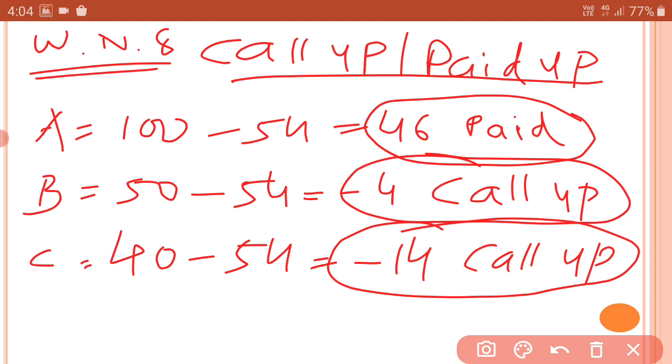And here the total 8 working notes are required, because first 3 working notes is required. So you find the call up and paid up. After you calculate all these things, you should prepare liquidator's final statement of receipts and payments.